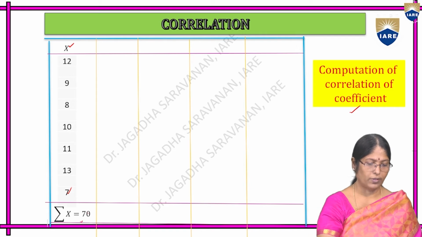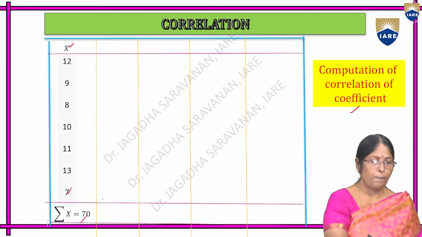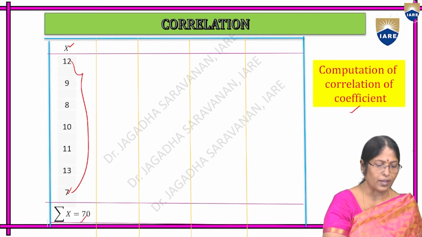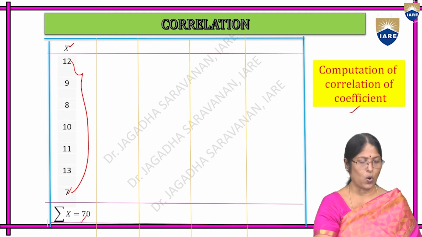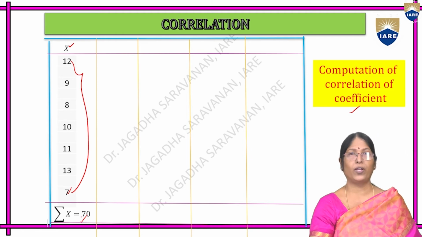We added this full data and got summation x equal to 70.